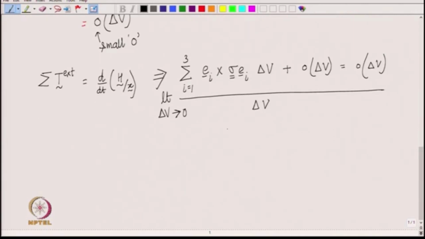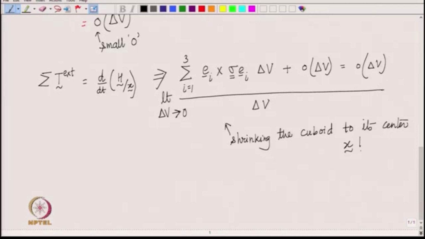Okay. So, here basically we are shrinking the cuboid to its center small x.